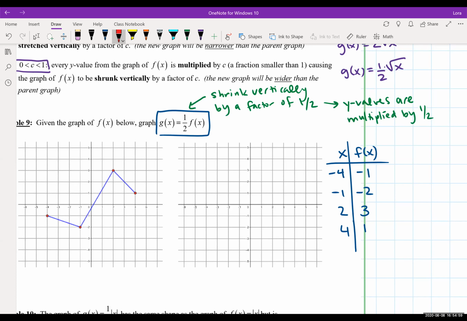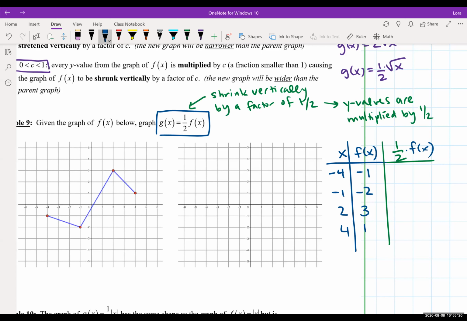And so that's who my f of x is. Now, if I'm looking at what I want to happen, I need to understand that g of x is 1/2 times f of x. So I actually can draw another column, and I'm looking at what is 1/2 multiplied by f of x.